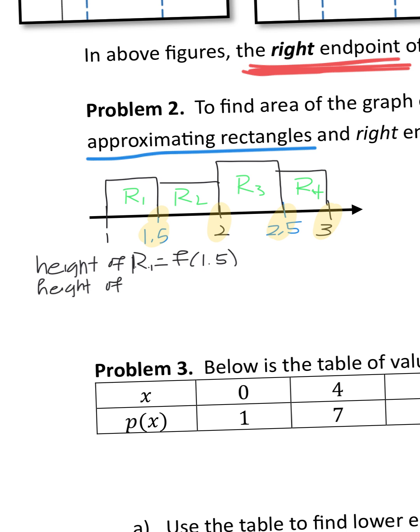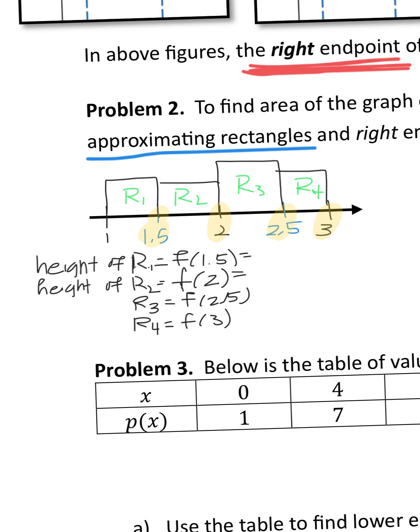The height of R2, this is the function evaluated at 2. The height for R3 is the function evaluated at 2.5, and the height for R4 is the function evaluated at 3.